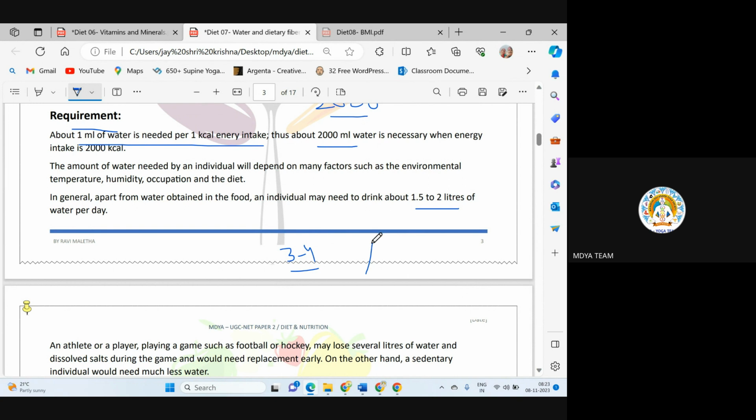What Ayurveda says about water intake is that there is no fixed water intake. You should observe your urine. If your urine is colorless and odorless, then your water intake is fine. No need to increase your water intake. But if your urine is colored and there is odor, then you need to increase your water intake.